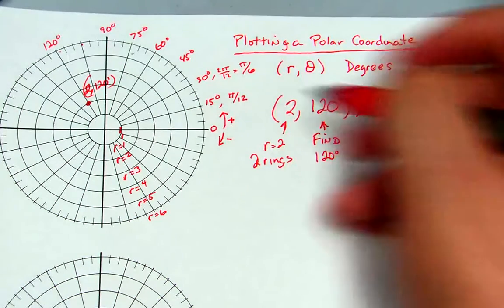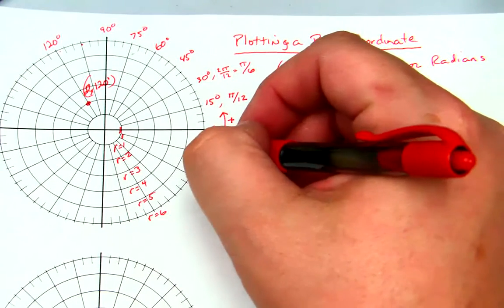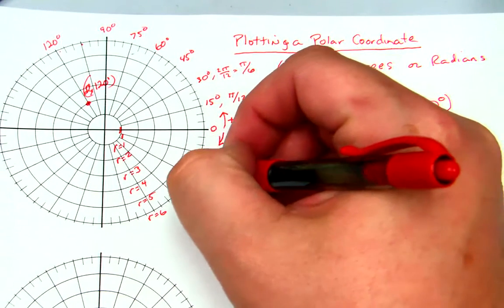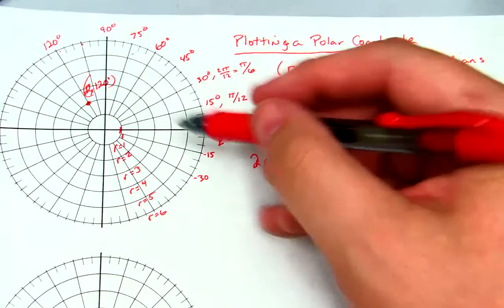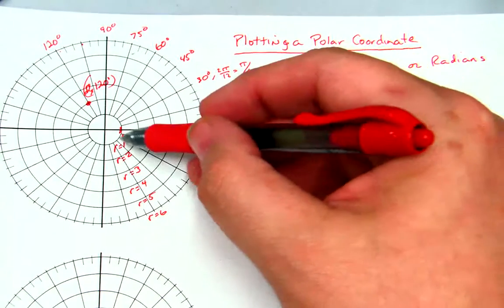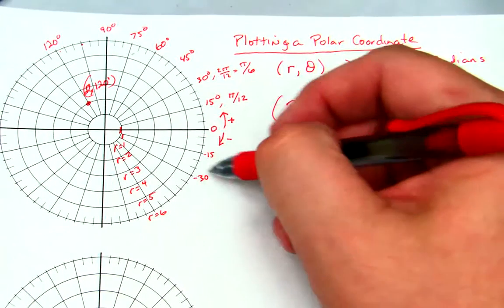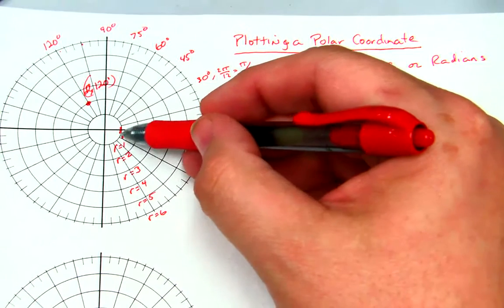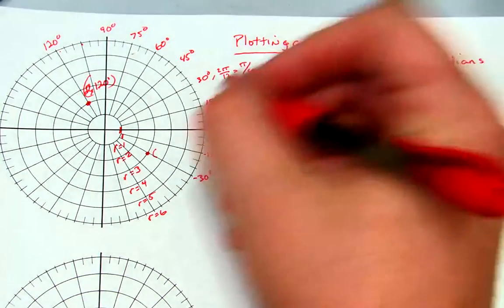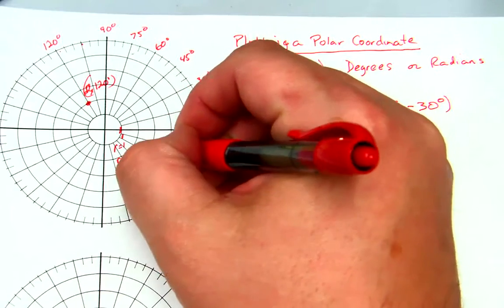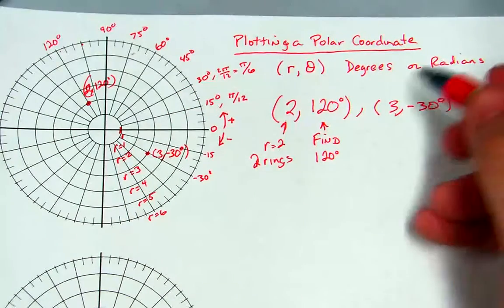So if we want to go negative 30 degrees, that's negative 15, that's negative 30 right here. So our r is positive, so we're going to find our negative 30 degrees right here. 1, 2, 3. There would be 3, negative 30 degrees.